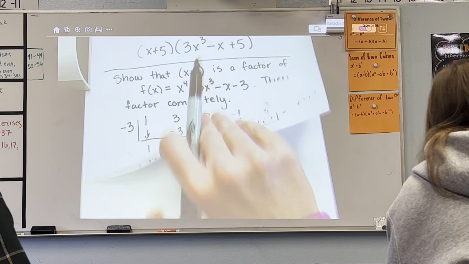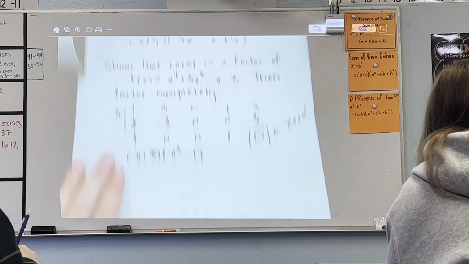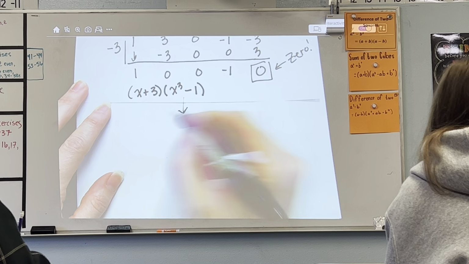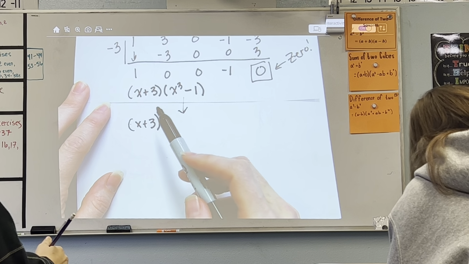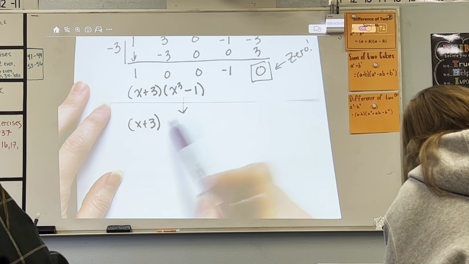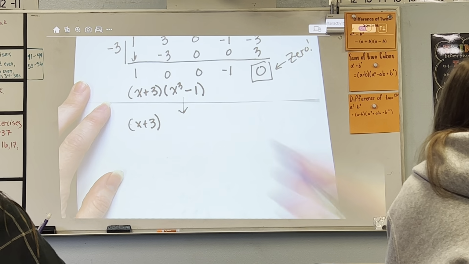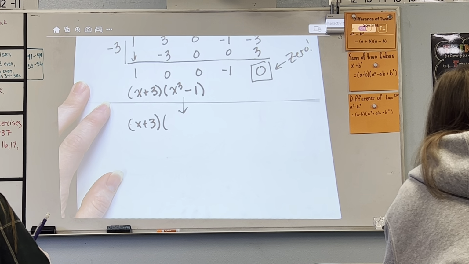So we can actually keep factoring this. It says factor completely, so we're gonna keep going. This pattern right there, the difference of cubes. A is just x and B is just 1, because 1 cubed is 1.